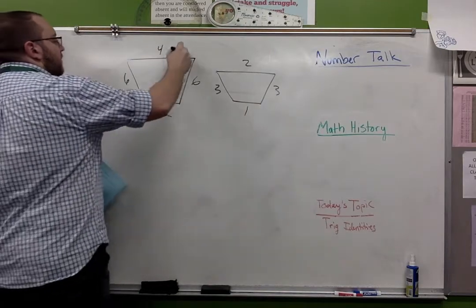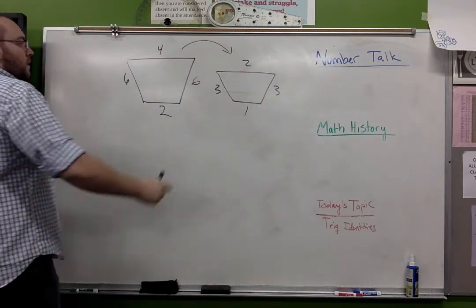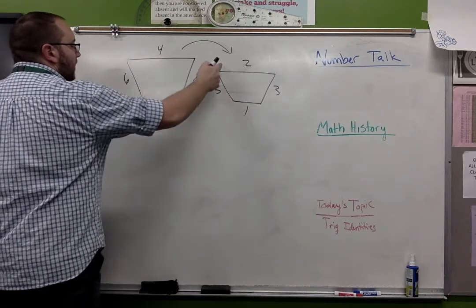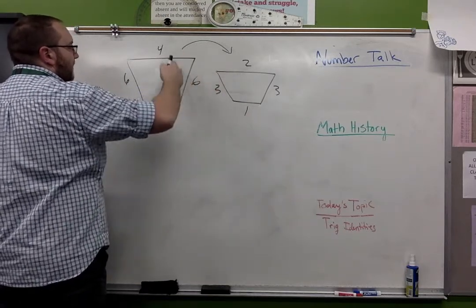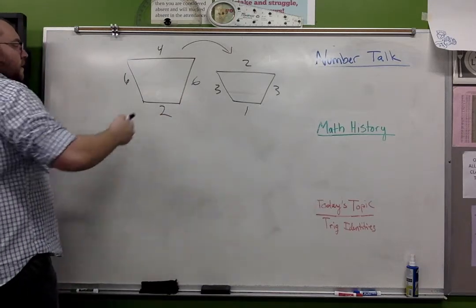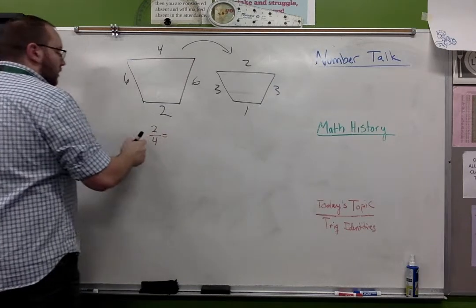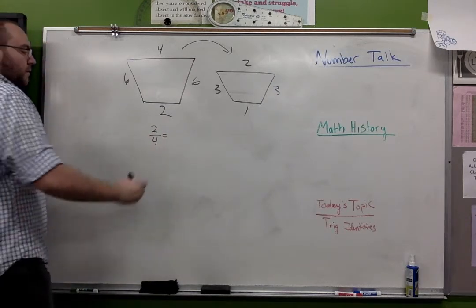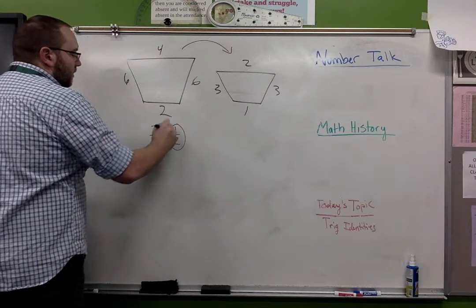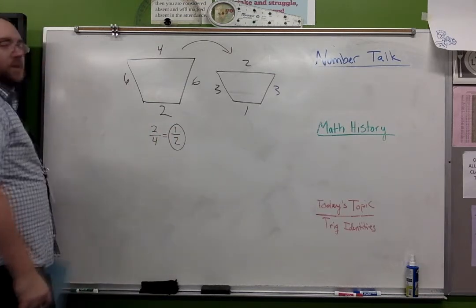Going from the big trapezoid to the small trapezoid, we have a base and a base, or the top of the top. I guess technically this is the base if it was flipped. Anyways, so 2 over 4. Divide numerator and denominator by 2, we get 1 over 2. There's your common factor, or your scale factor, common ratio. Man, that's the hardest thing for me to say.